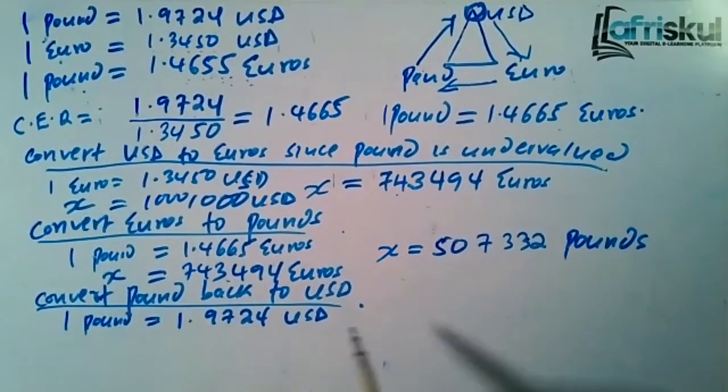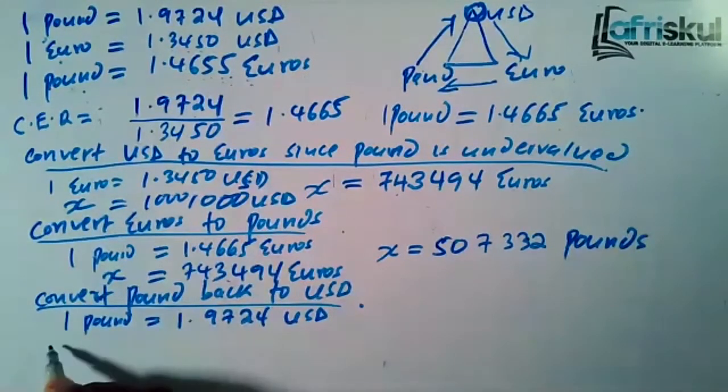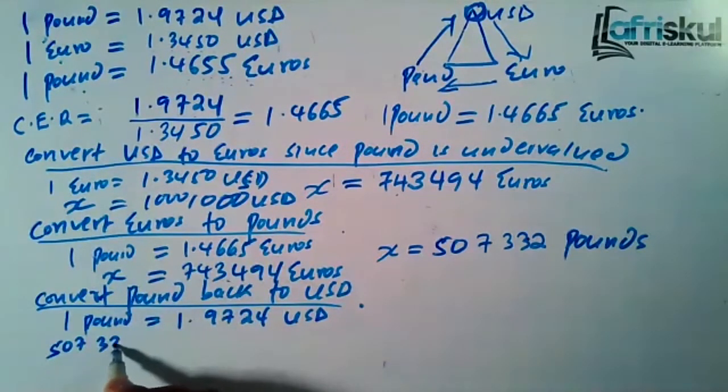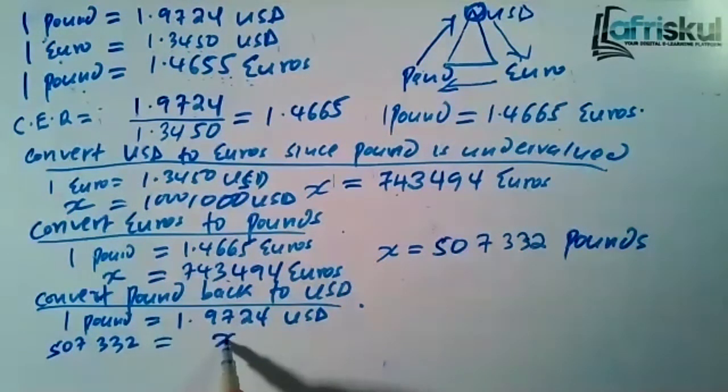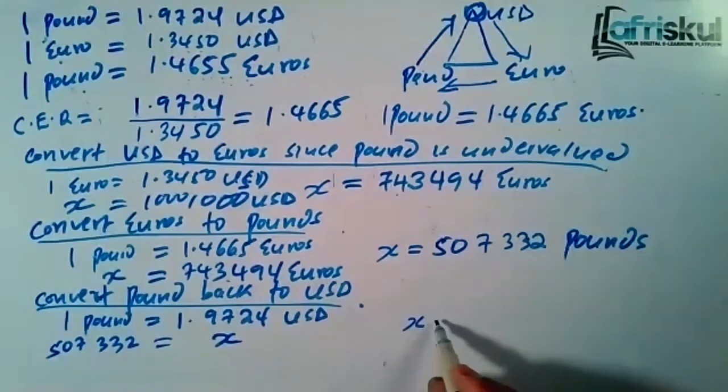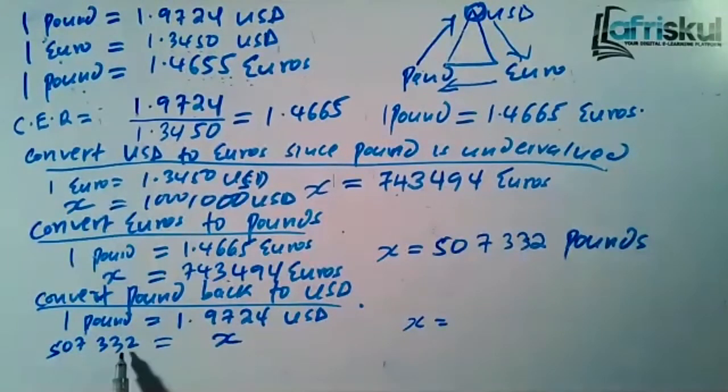Therefore, 507,332 pounds will be equivalent to how many US dollars? You take 507,332 and multiply by 1.9724 US dollars.